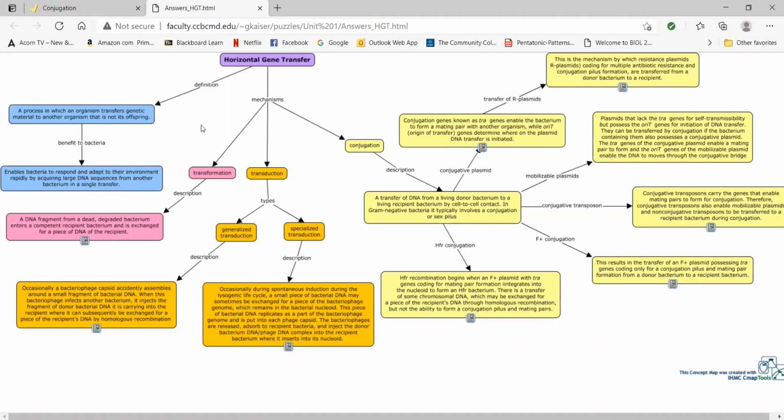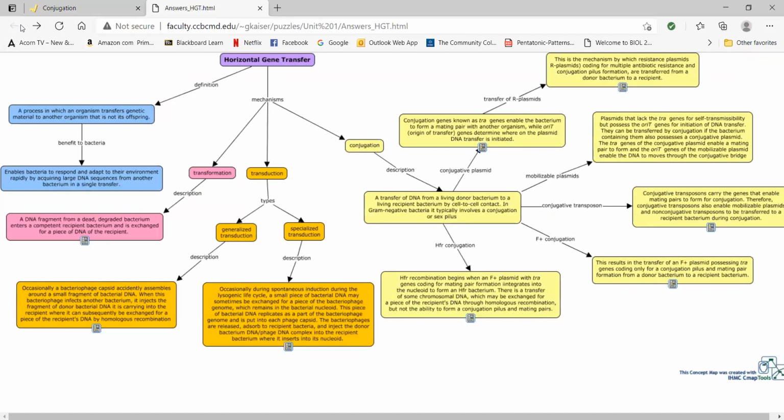Objective 3 was transformation. So one of the mechanisms of horizontal gene transfer is transformation. There's the description we need to recognize, but also if we click on the little box here, we see that that takes us to the animation for transformation you can use to review the process and visualize it.